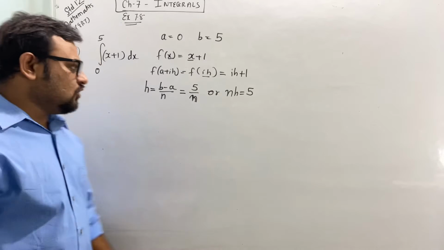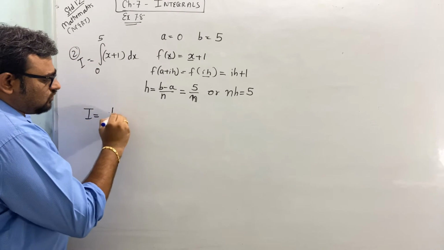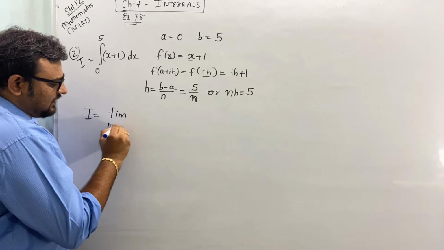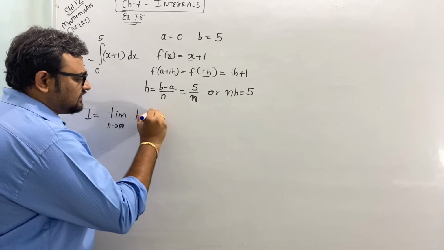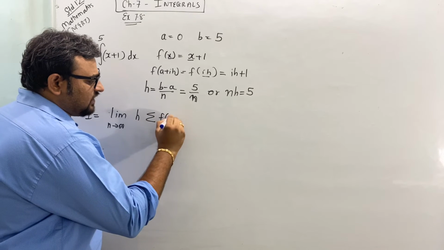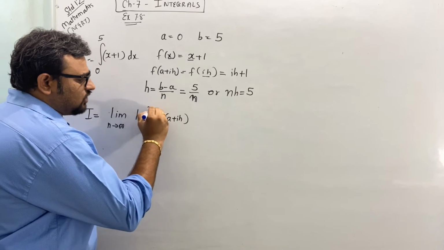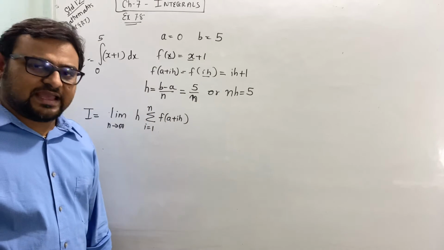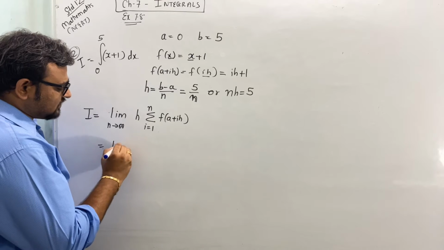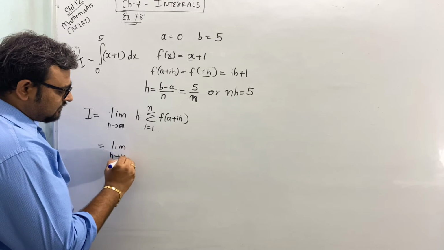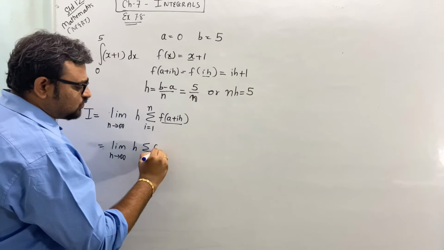Clear? Now putting the formula, I is equal to limit n tends to infinity, summation of f of a plus ih, i equal to 1 to n. So now just replacing it with the values. What is f of a plus ih? Ih plus 1.